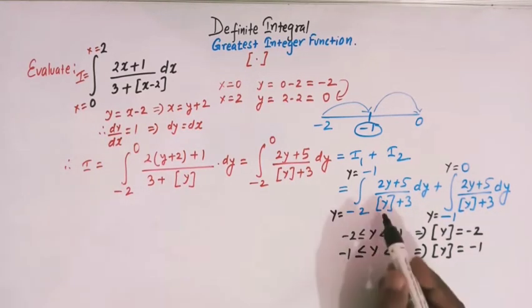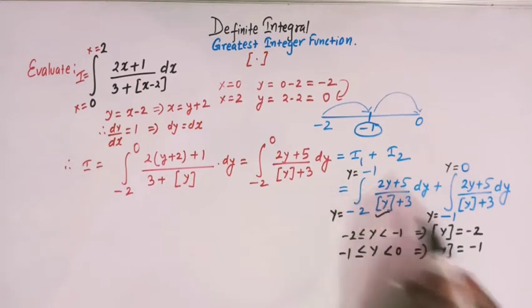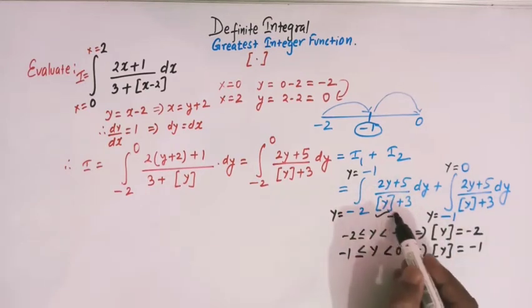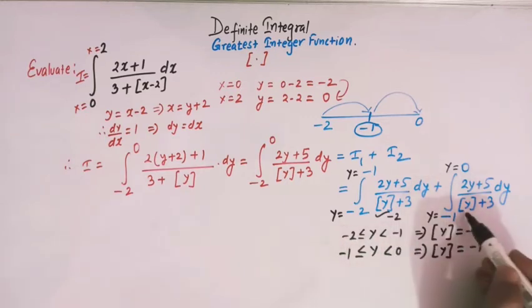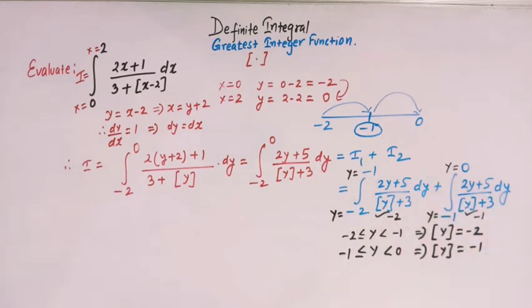So for this term we can write minus 2 because y lies between minus 2 and minus 1, and for this term we can write minus 1, because y lies between minus 1 and 0.